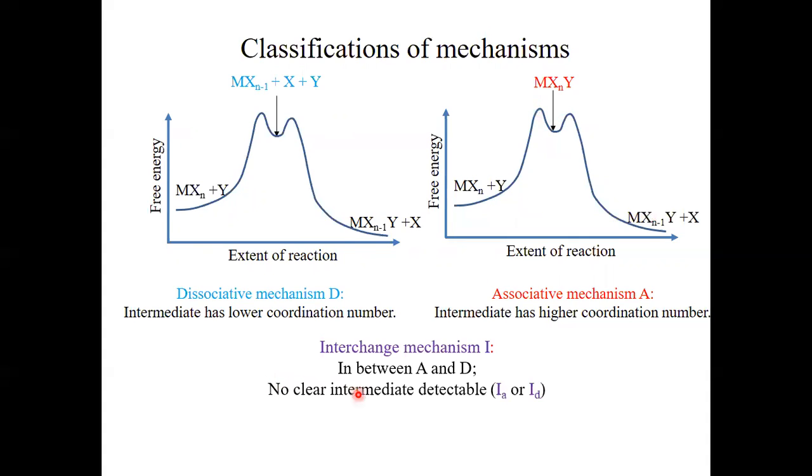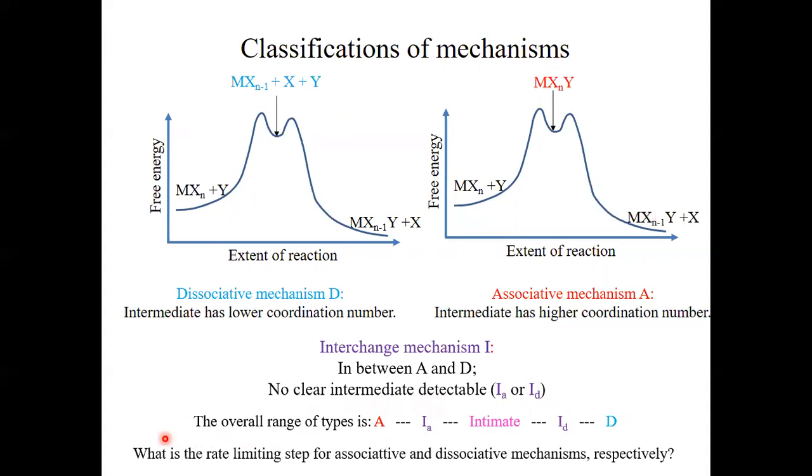And when no clear intermediate is detectable, then we call this an interchange mechanism, and that interchange mechanism can either be IA or ID, depending on whether it's rather associative or dissociative. So that means that overall, we can have everything between A, IA, ID, and D.